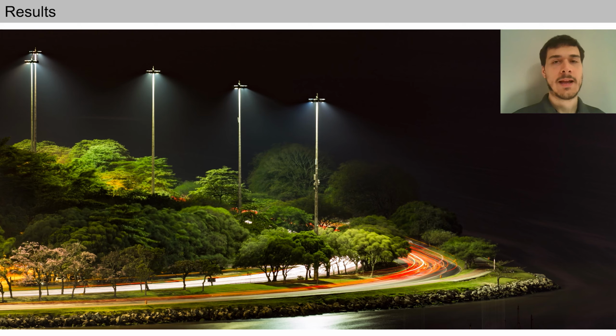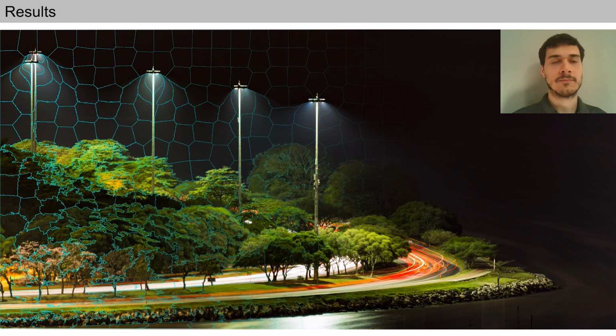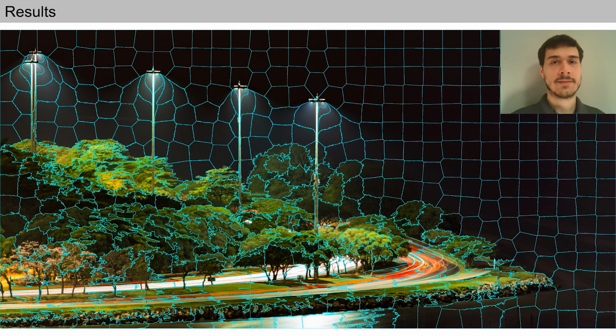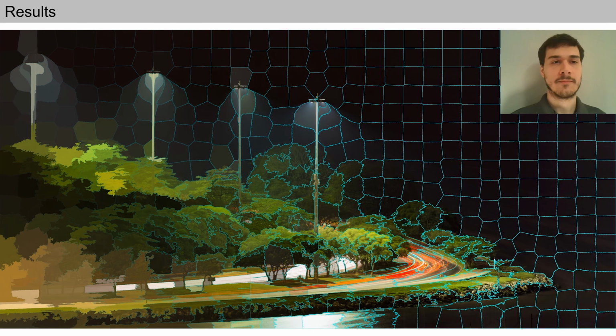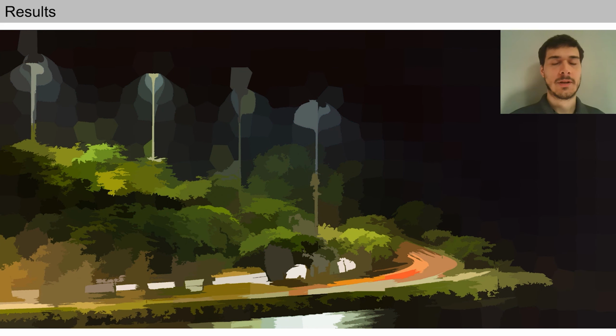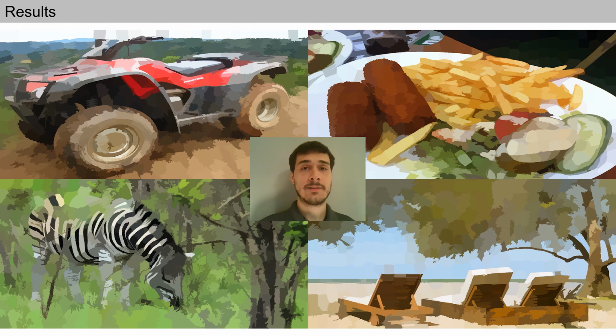Now let's have a look at what happens on images with more dramatic lighting transitions. Here we can see the superpixel edges correctly identified, and then the pixels replaced by superpixels. And these are results on images with more complex geometry.